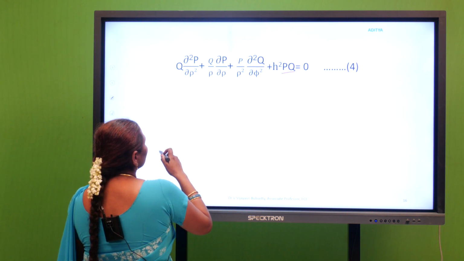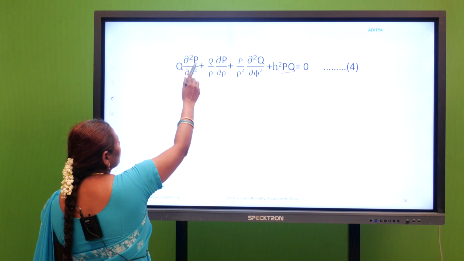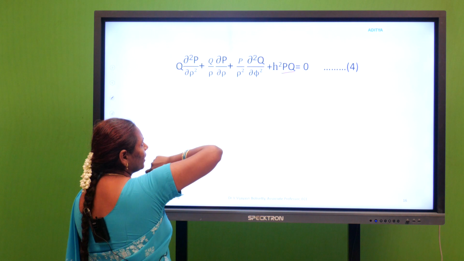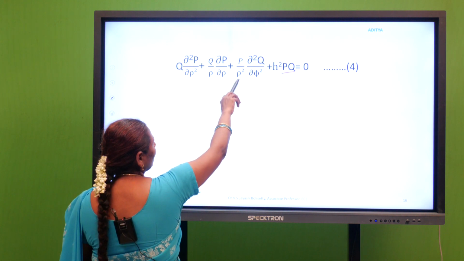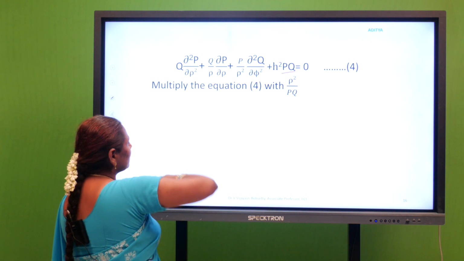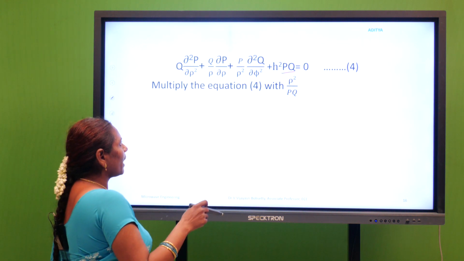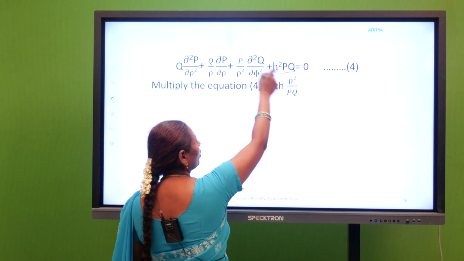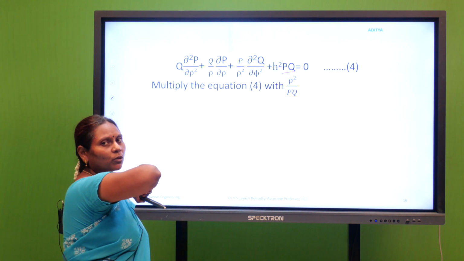But if you divide this with PQ, again here we are having the rho term. So, let us divide this equation with PQ and multiply this equation with rho square.